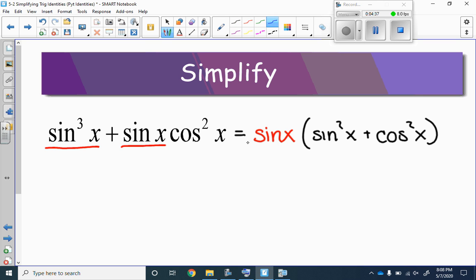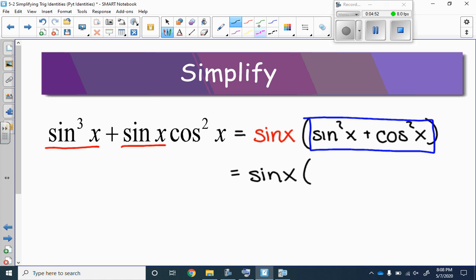That is a familiar identity, and it equals 1. So now I have sine x times 1, and anything times 1 is itself. So this simplifies to sine x.